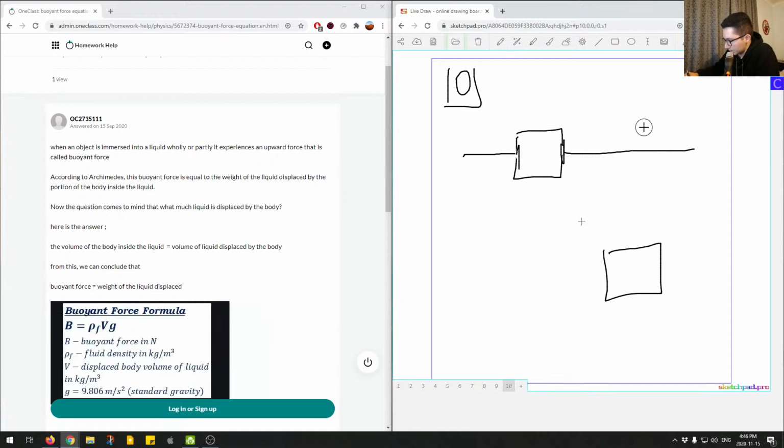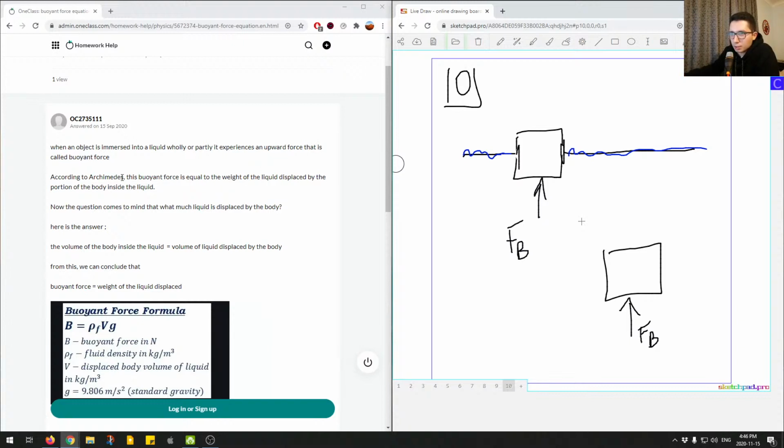I'll use a different color. So this is the liquid. We have an object. I just drew a box to represent this, either completely submerged or partly. We have an upward force, call this FB. Similarly here, FB. And that's the buoyant force.